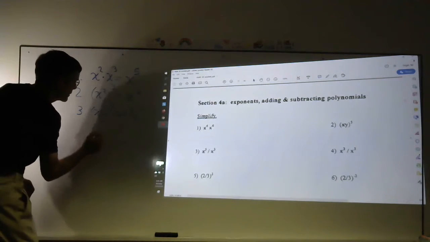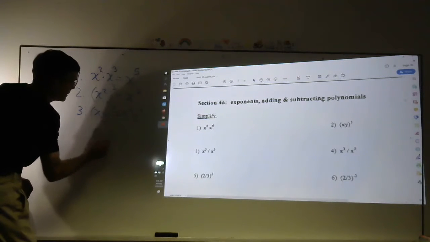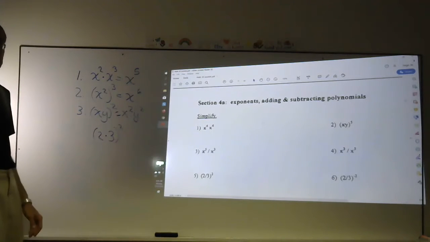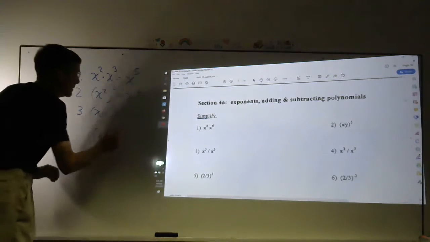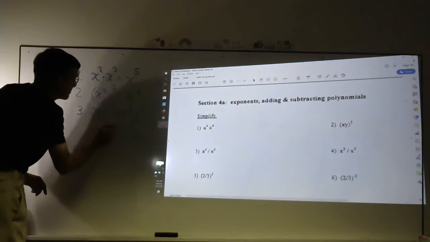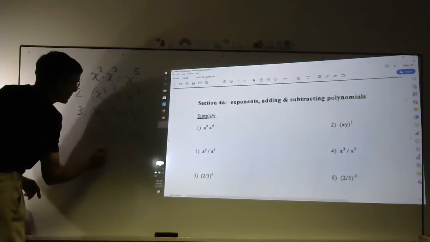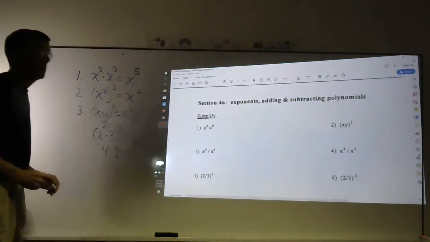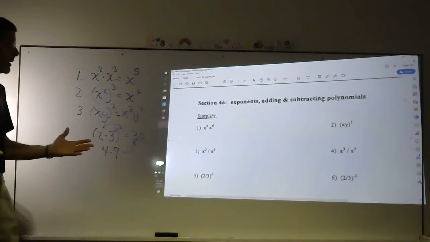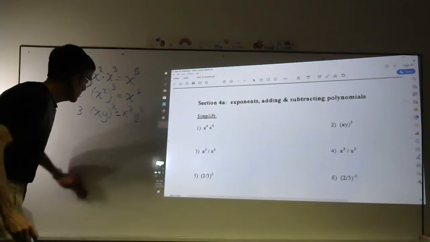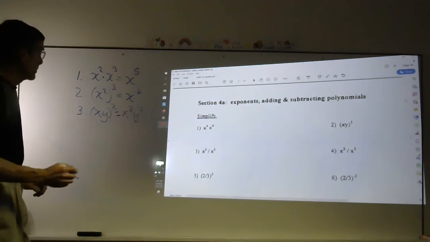For instance, check this. 2 times 3 squared. We know that 2 times 3 is 6. 6 squared is 36. Can I take the power in? Sure. 2 squared is 4. 3 squared is 9. 4 times 9 is 36. So it works. But what if it's not a division or multiplication?